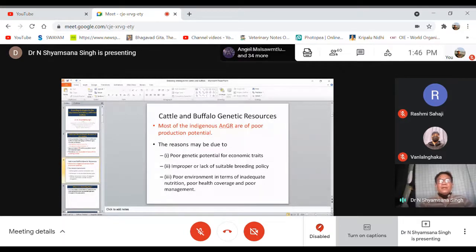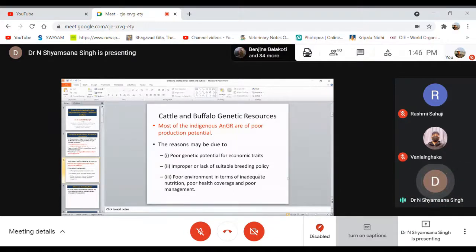Then we have very little supply of nutrition, health coverage, and management. People are always claiming that we don't have adequate nutrition, we don't have proper health coverage, we don't have proper management and all those things. So these are the many factors responsible for the poor production potential of our indigenous cattle and the buffalo.